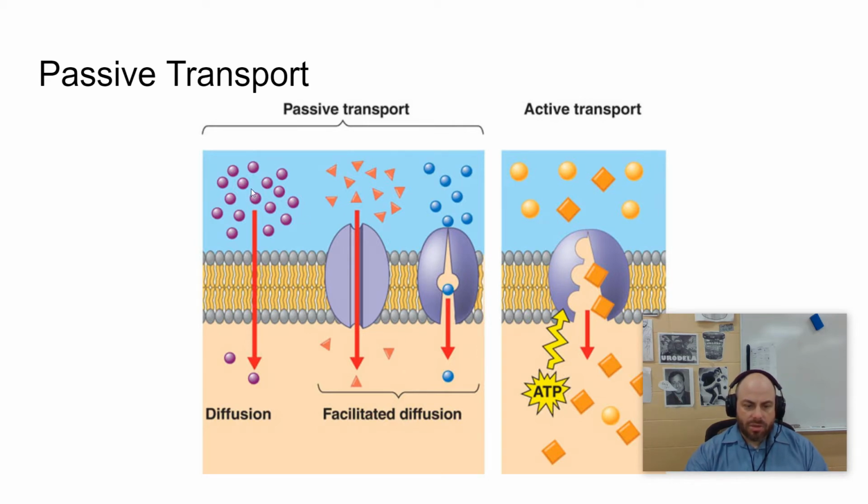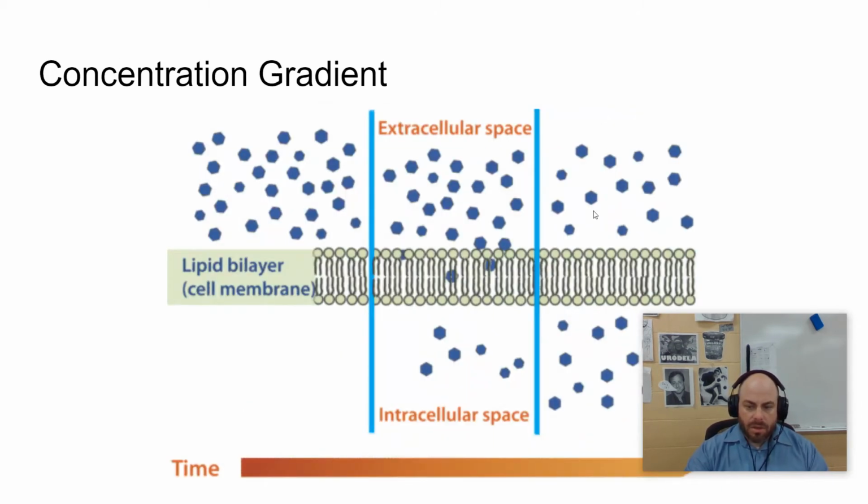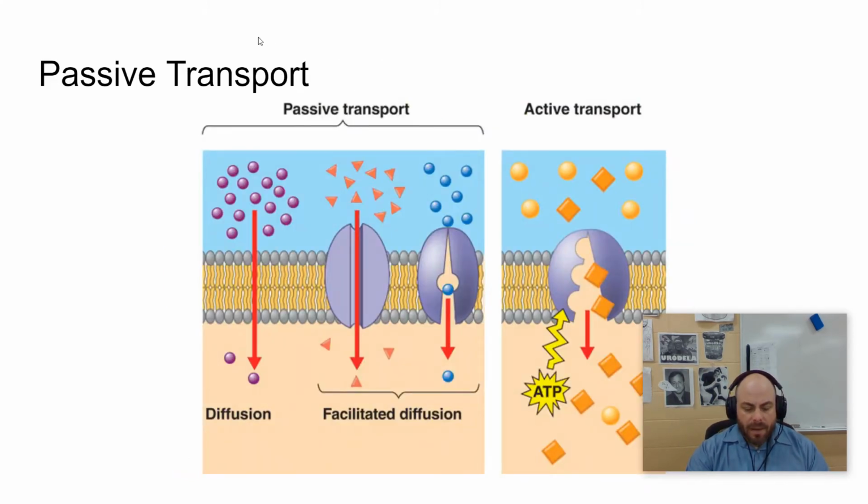These materials naturally want to move down because they naturally want to achieve equilibrium, which is when both sides are equal, or you could even say when there are materials moving back and forth at an equal rate. Another type of passive transport is called facilitated diffusion.